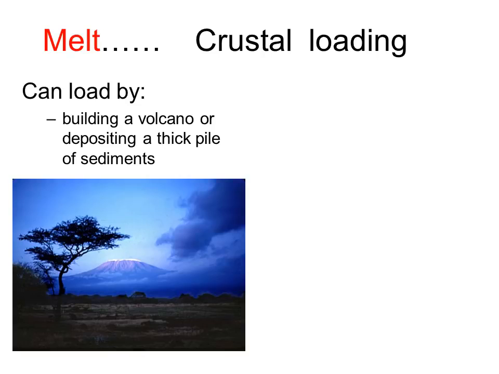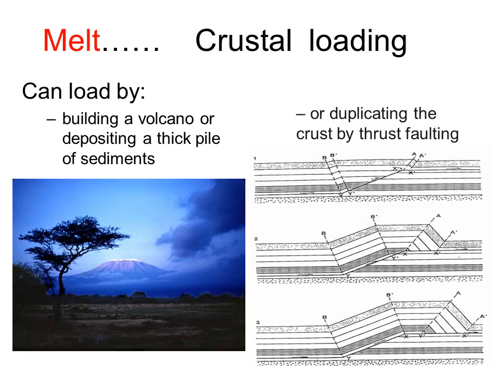The second way to thicken the crust, as you can see on the diagram on the right, is to compress it horizontally, so that thrust faults form, allowing one part of the crust to be pushed on top of another.